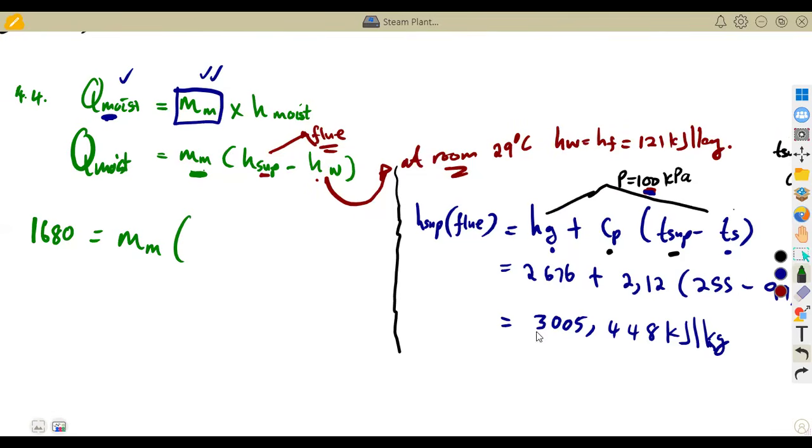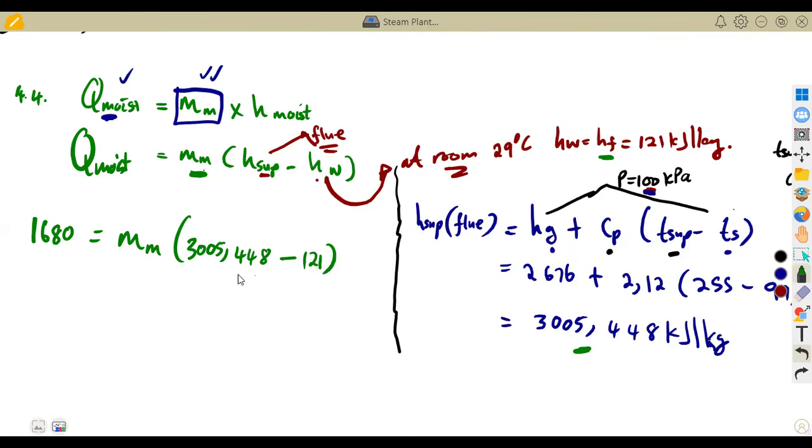Times our H for the flue gases. Not the H we had when water is entering our boiler, this is for the flue. So it's 3,005.448, or you can just make the mass the subject before you substitute. Then H of water, which is Hf, it's 121, like I said, at the best temperature.